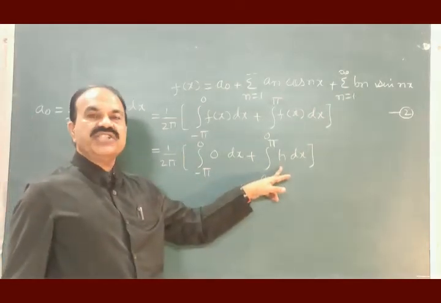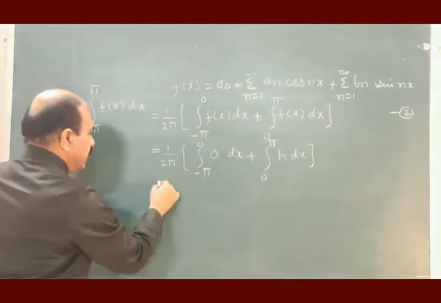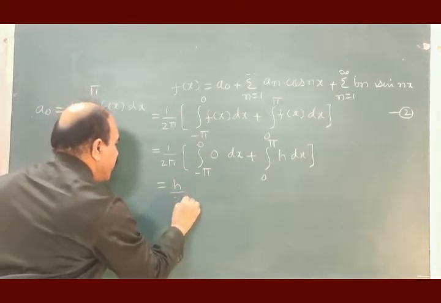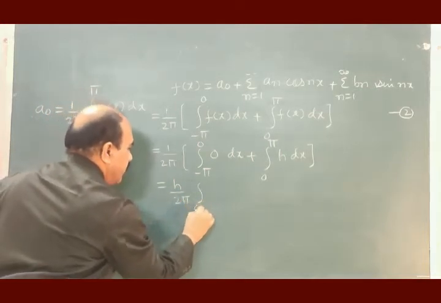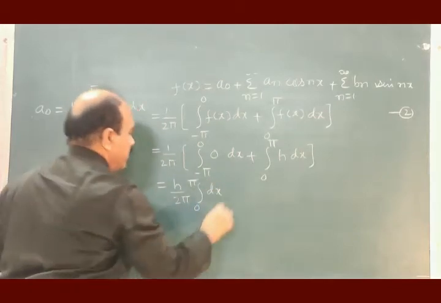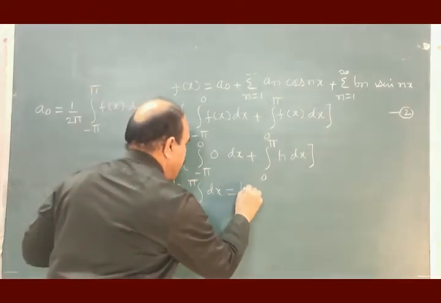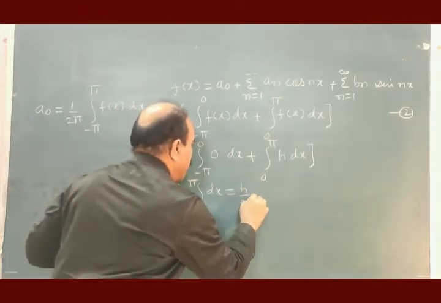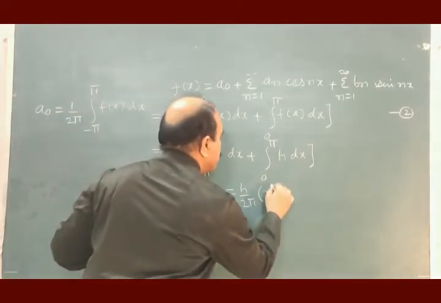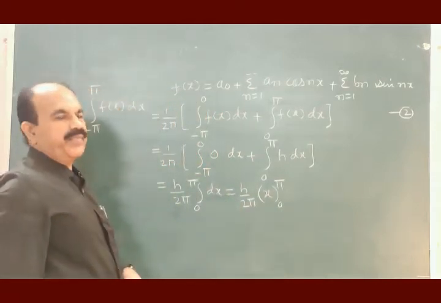h is constant, can be taken outside, and you may further write this as h divided by 2 pi integration over 0 to pi dx. This is equal to h divided by 2 pi, integration of dx is x, limit 0 to pi.